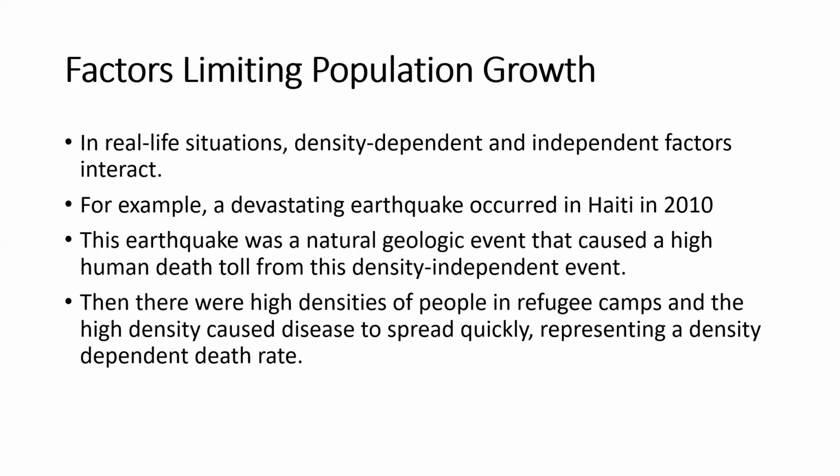And the Haitians, the earthquake that happened in Haiti, right? This earthquake is a natural disaster. All right, when they were there, they put them in a refugee camp because the earthquake had destroyed the habitat where these people lived, and they said let's put them in a refugee camp.